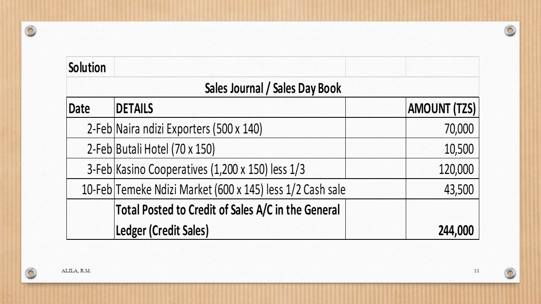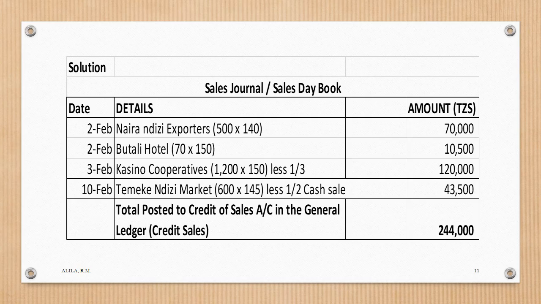On the same date, we make our sales to Butali Hotel, 70 bunches of banana times 150, 10,500. On 3 February, sales to Casino Cooperative, 1,200 by 150, but we less 1/3 discount, so we remain with 120,000.